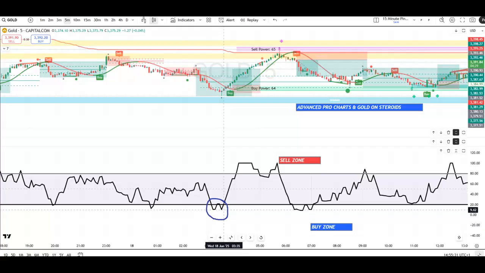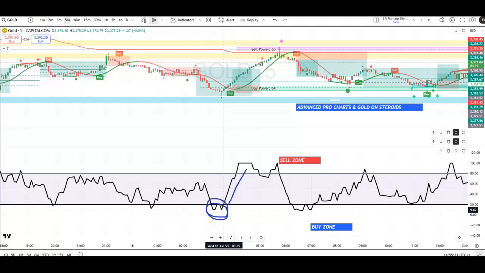So when the money flow is below 20, this generally indicates that the price has run out of steam and the buyers are getting set ready to come back into the market, and therefore the price goes up and the buyers take the price higher.